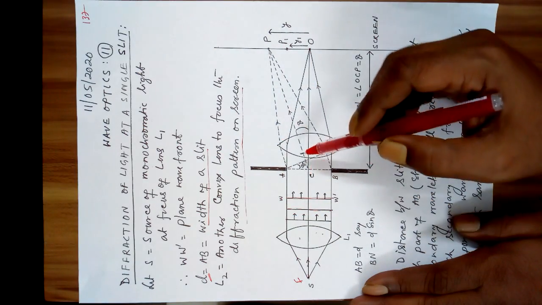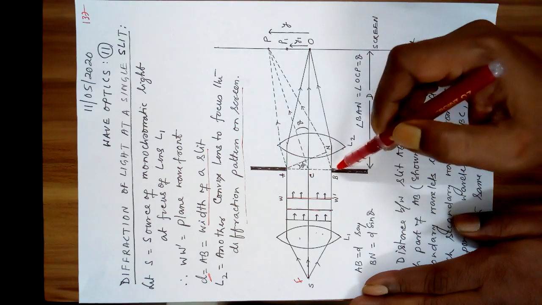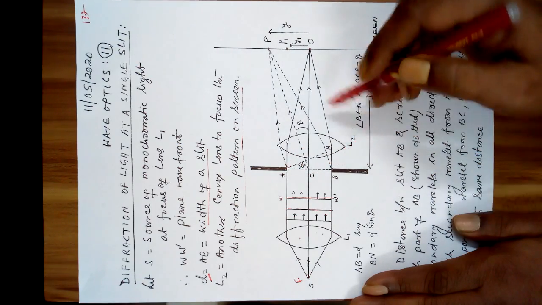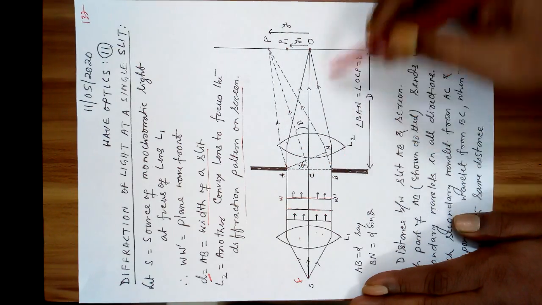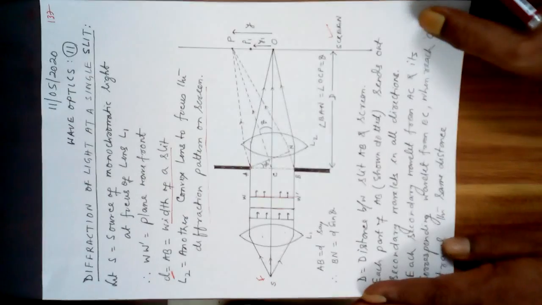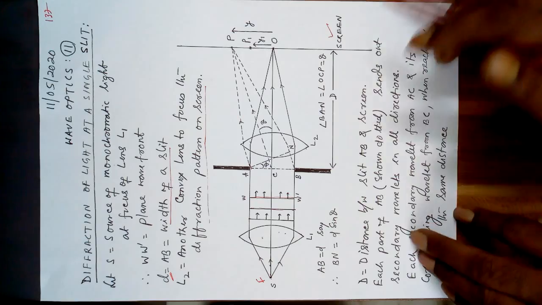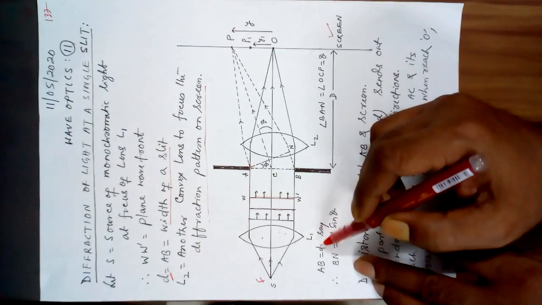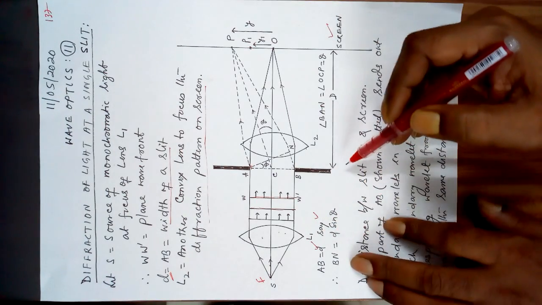This wavefront, due to the slit AB, will be diffracted, meaning it will bend and will be focused on the screen here. This is the screen. Now let AB be equal to small d, suppose.